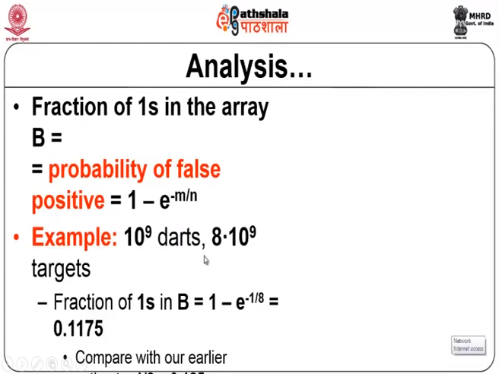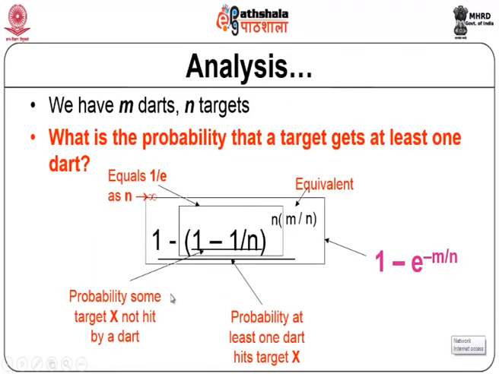Suppose every dart is associated with say 8 bits, then it will be 8 multiplied by 10 to the power of 9 targets. So, the fraction of ones in the binary array will be equal to 1 minus e to the power of minus 1 by 8, which will be equal to 0.117. This, when compared with the previous scenario, is very less when the n value tends to infinity.